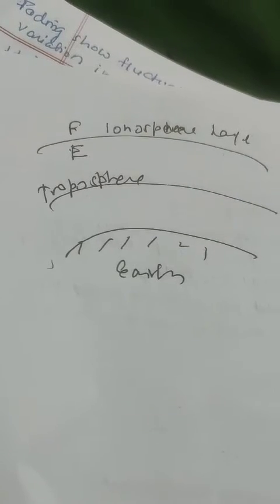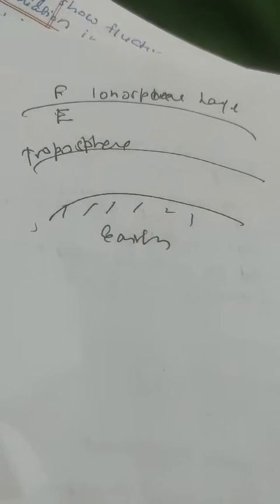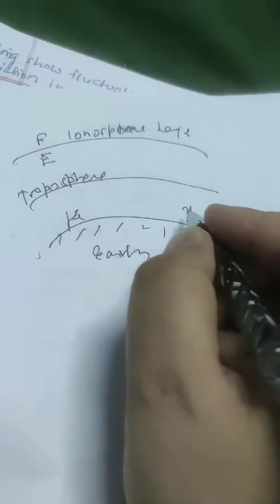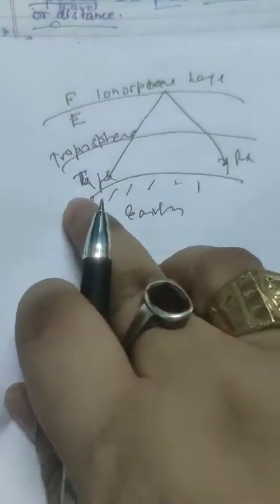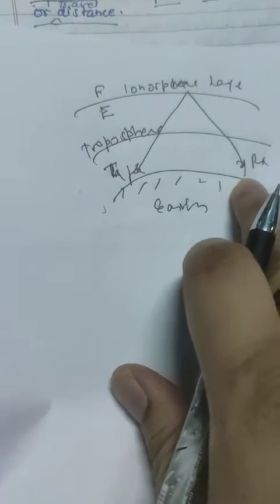You can see the transmitter end and the receiver end are like that, shown here. The waves are transmitted through this transmitter, and go first to the ionosphere and reflect back to the receiver antenna.